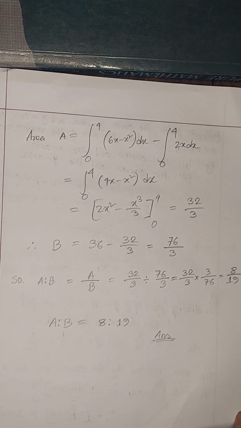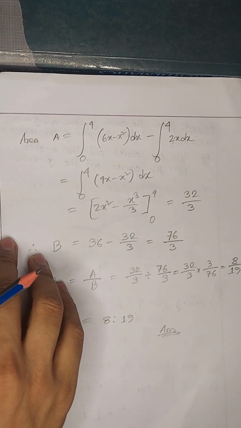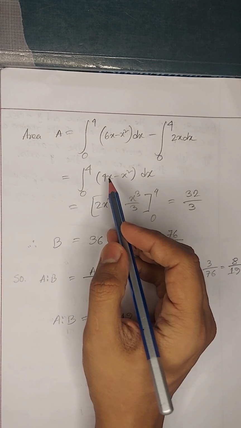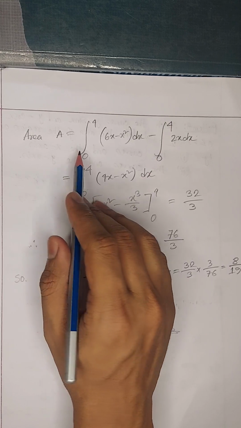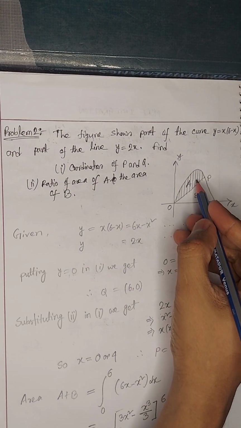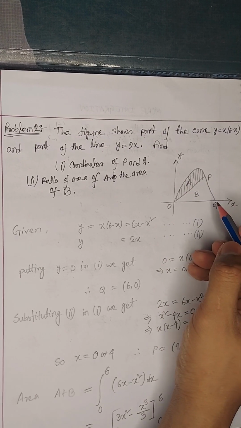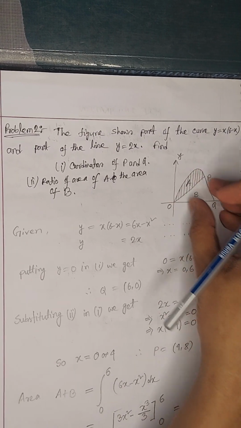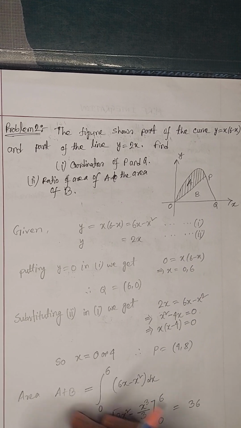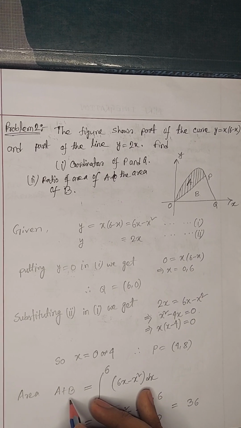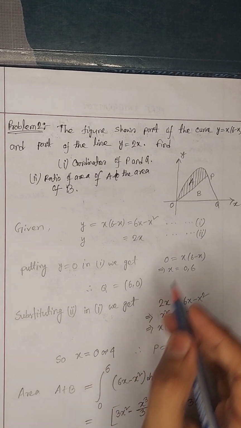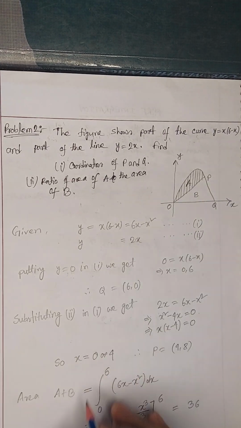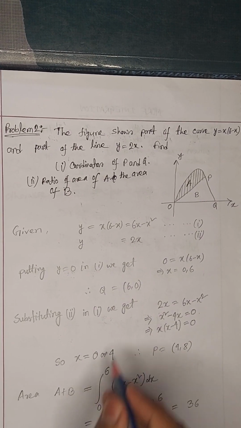for the second, we have to find the area of a. So notice here, when we find the area of a, we have to subtract the area of b from the area of a plus b, right? We subtract b from a plus b, then we get the area of a.